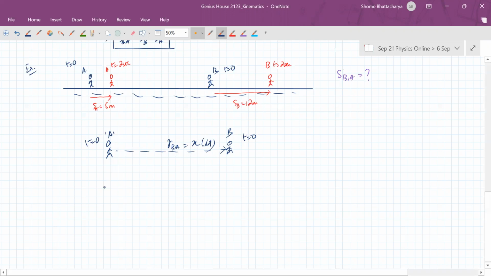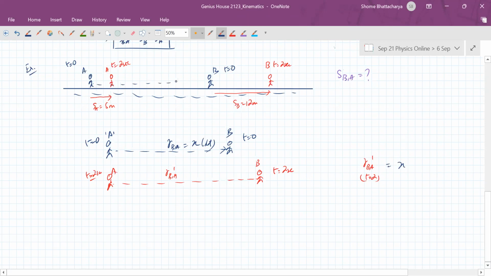Now you can see that at the new time, in A's frame, with respect to A, what has happened? The position of B with respect to A has changed. This new position, at t equal to 2 seconds, you can see that in the above diagram, it is the original position, whatever this was, x.